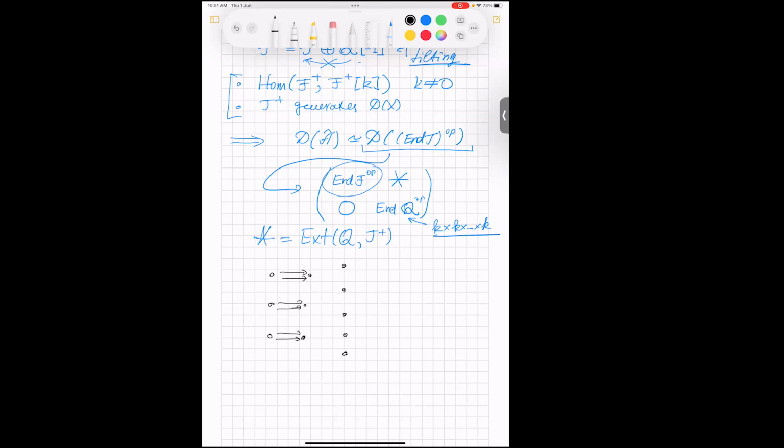And we have X. So there are some arrows here, something like this, plus some relations.